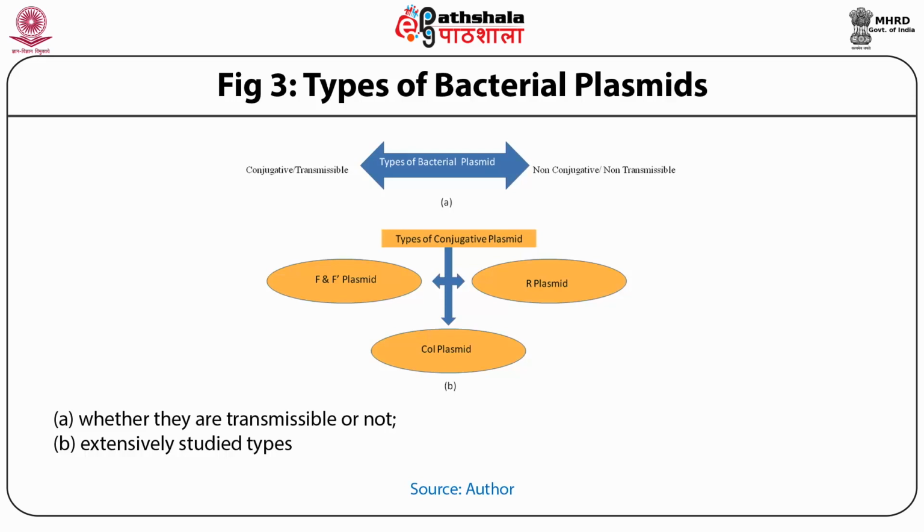They have an inbuilt capacity of integrating into the chromosome and passing from one cell to another, are often of small size, that is, less than 1500 kilobases, and bear an innate capability of self-replicating. Plasmids have been extensively used by molecular biologists as cloning vectors in laboratories to transfer external DNA into a cell.